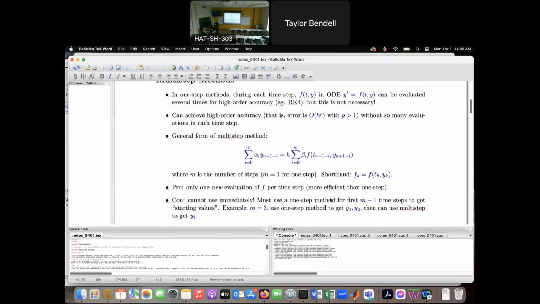You use a one-step method to get y1 and y2, and then your multi-step method will compute y3 using y2, y1, y0, because for a 3-step method you need 3 previous values. So you just need a one-step method to get m-1 starting values.